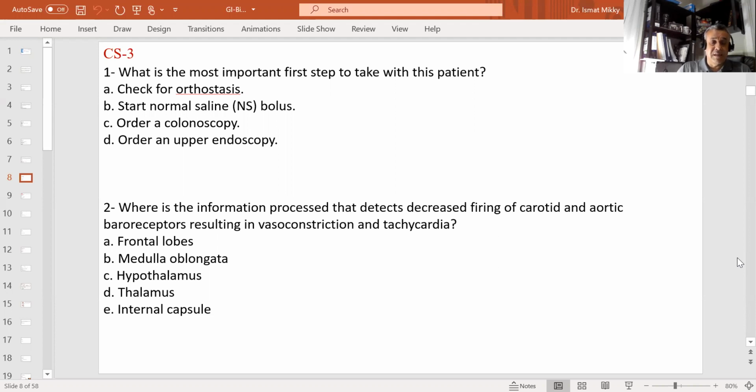Systolic less than 100, or pulse rate over 100, these two things indicate that there is about 30% blood volume lost.